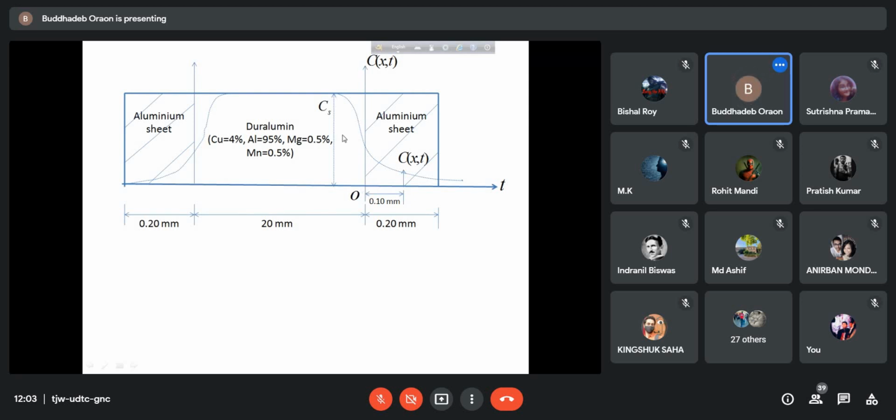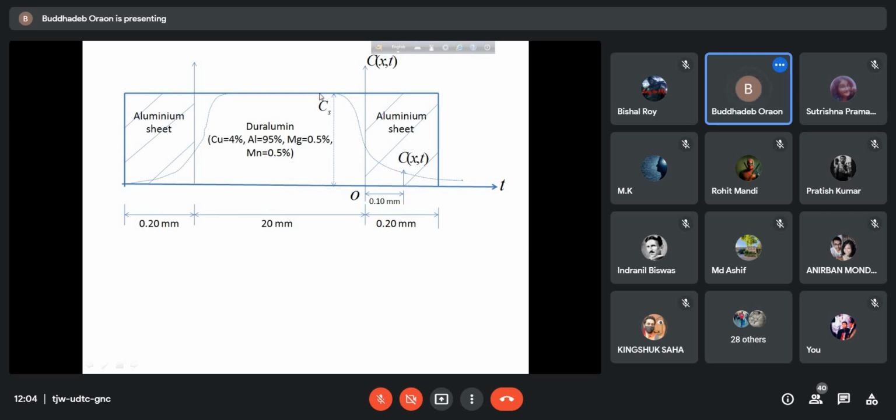On the left hand side it is duralumin, and on the right side pure aluminium sheet. So this is the contact surface, the y-axis indicates the concentration, and on the right hand side we are taking the distance. Some data has been given about the concentration at a depth of 0.1 millimeter.